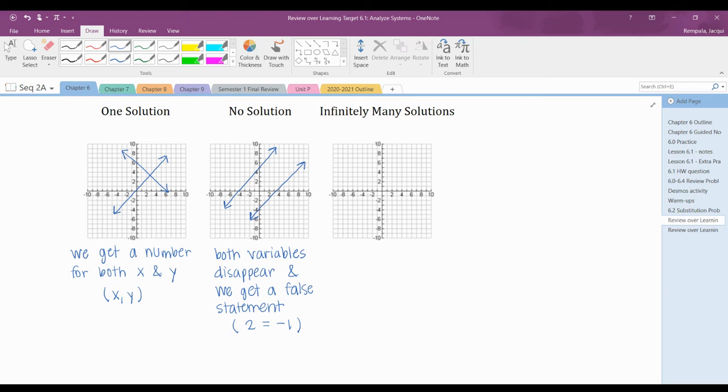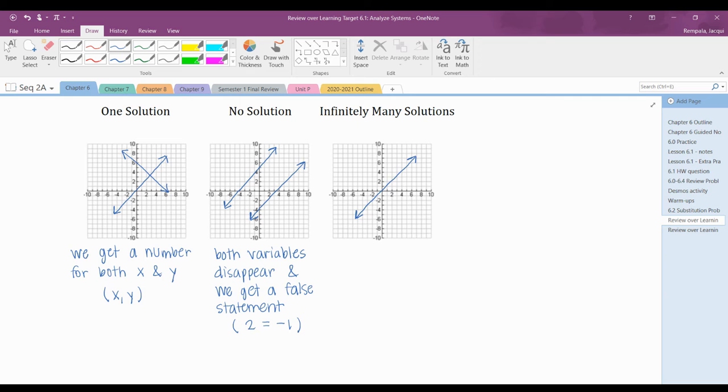And then as far as infinitely many solutions, on a picture I would only see one line because technically I would have one line on top of the other. We'd have two exact same lines, so you'd only see it once when graphing.